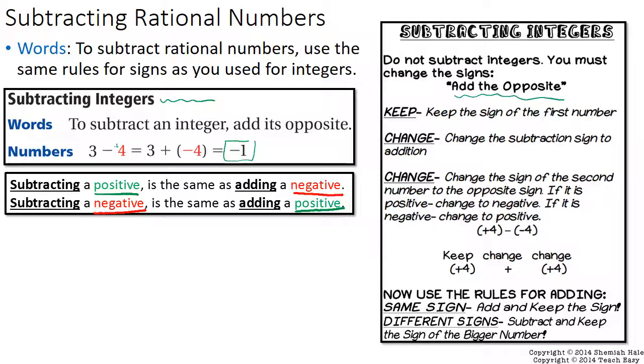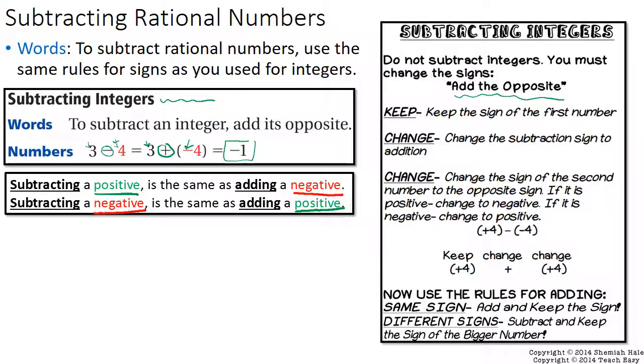We keep the sign of the first number, so over here we kept a positive 3. Then we change the subtraction sign to addition, so this subtraction sign became a plus sign. Then we change the sign of the second number to the opposite sign. If it was positive, it becomes negative, and if it was negative, it becomes positive. So this was positive, and we changed it to negative.